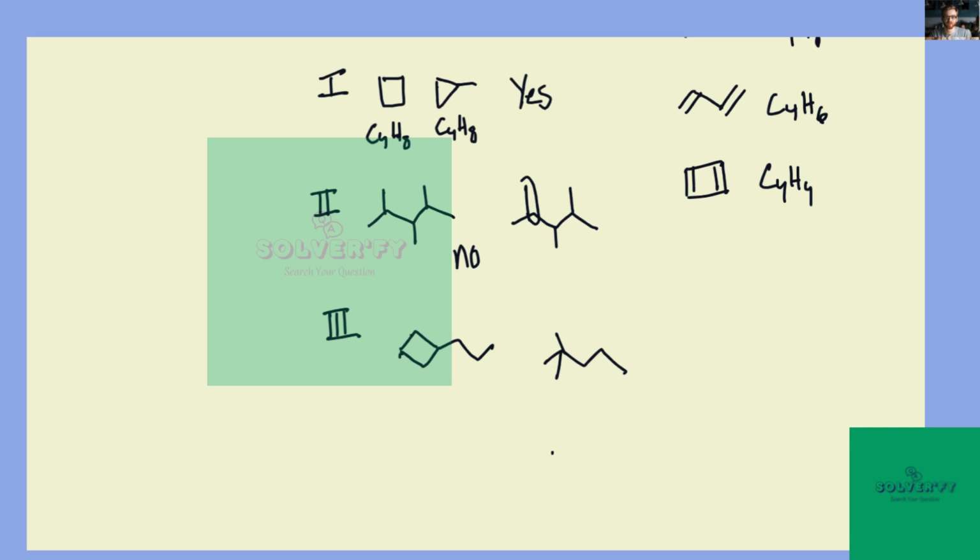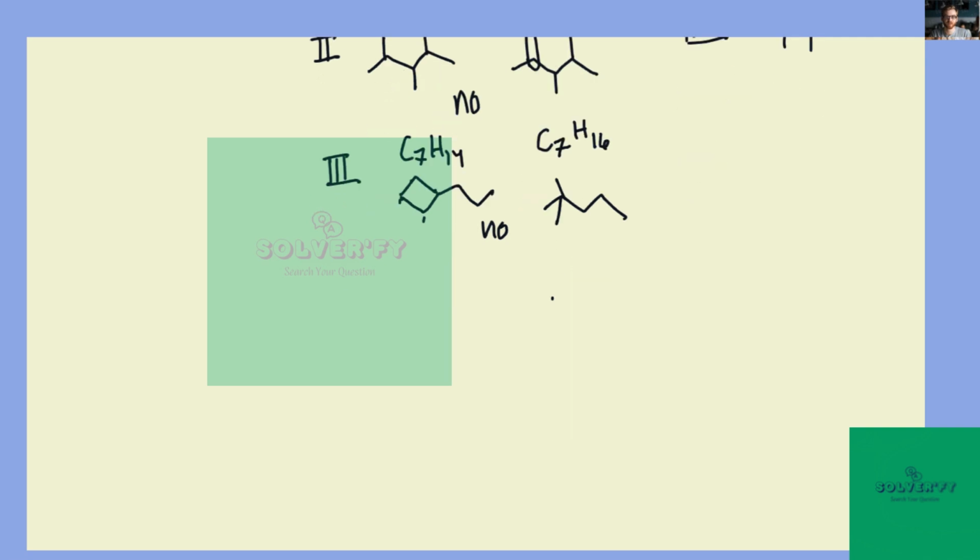Nevertheless, let's say 1, 2, 3, 4, 5, 6, 7. There's 7 carbons, 1 ring, so that's going to be C7H14. Whereas this, we have 1, 2, 3, 4, 5, 6, 7 carbons. But because there are no rings, for the number of hydrogens, it'll be 7 times 2 plus 2, or 16. So no, these are not constitutional isomers.